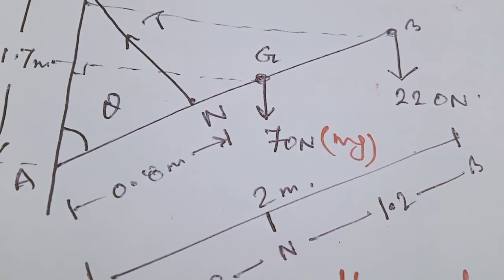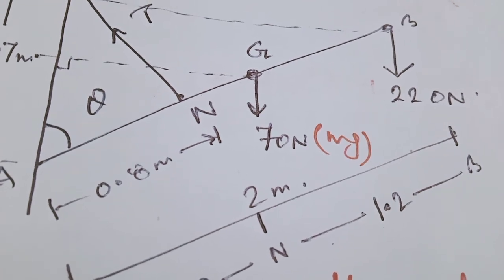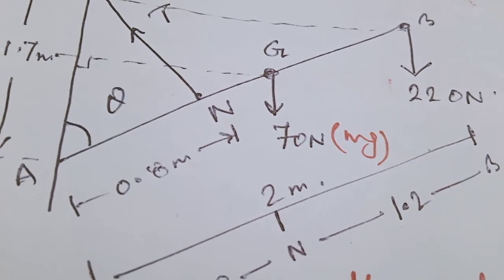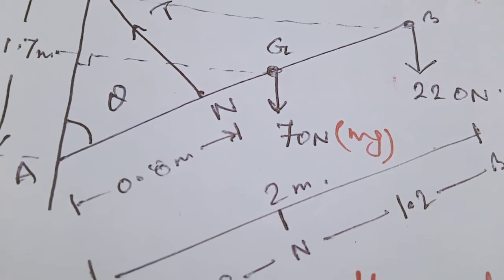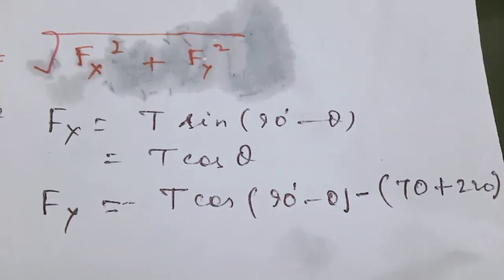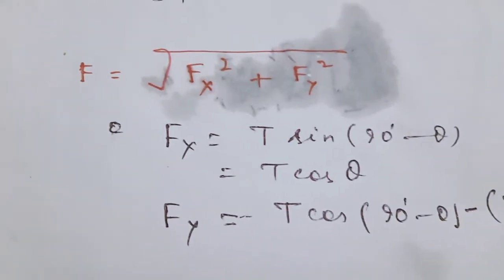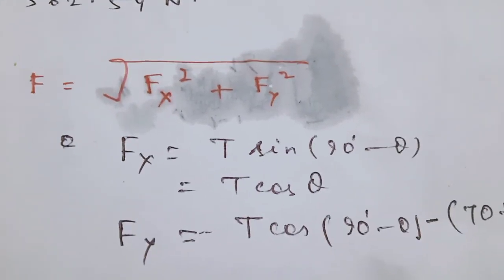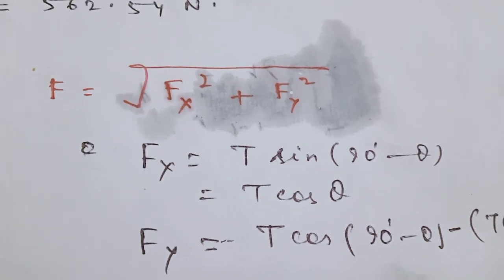They are in the clockwise direction, so both of them will add up, but two negative components will get added up. That means Fy is equal to T cos (90 minus theta) minus 70 minus 220. Now apply this formula, F is equal to the square root of Fx square plus Fy square, which will give you the answer asked here.